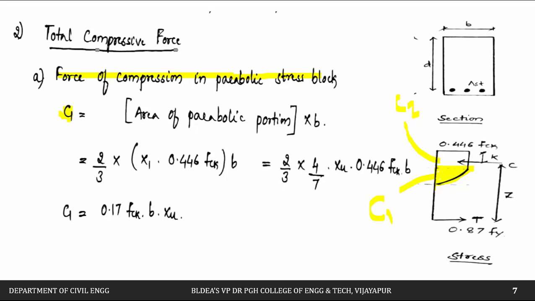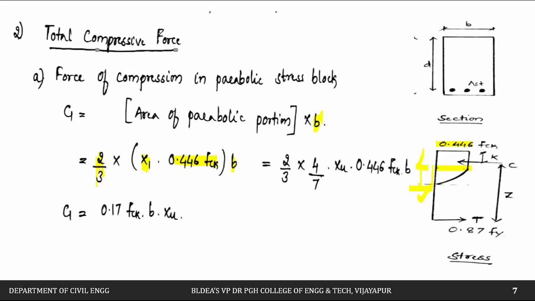Area of this portion multiplied by width B. It is 2/3 of base into this height. 2/3 of base is nothing but this value, which we already know, that is 0.446 fck. Then next is this height, which is nothing but x1. So that is 2/3 of the area of this parabolic portion multiplied by B.